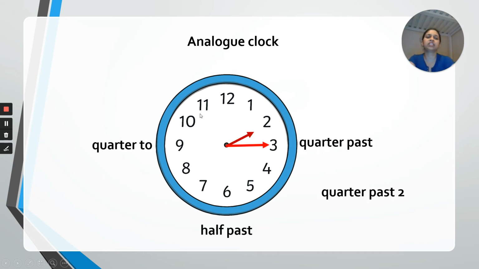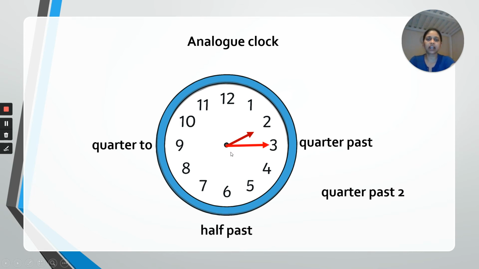When the long hand is on the 3, we say it is quarter past an hour, or over here, quarter past 2. If you have a look at this whole circle, let's imagine that this is a pizza divided in 4 quarters. So 1 quarter, and that's why we say quarter past.